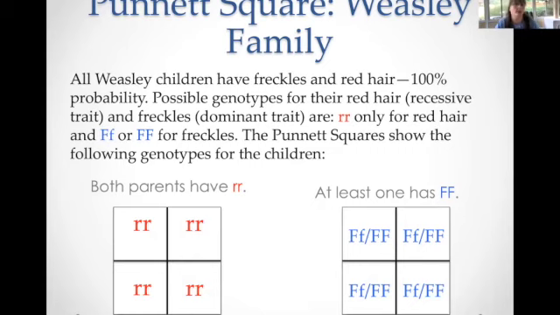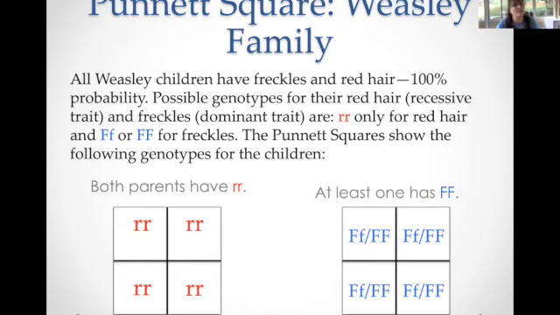Since freckles are a dominant trait, we know at least one of the parents has to be homozygous dominant, because if both parents were heterozygous, that would be a 3 to 1 ratio. They would have a 25% chance of one of their kids not having freckles.